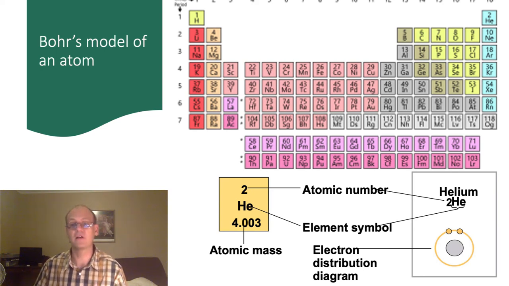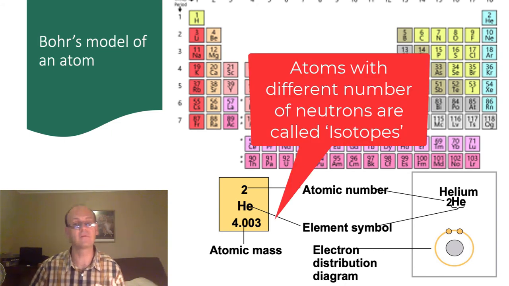The answer is that some naturally occurring atoms have 2 neutrons to give a mass of 4, but some rare helium atoms have an extra neutron, giving them a mass of 5. If you average out all of the helium atoms that occur naturally, the average atomic mass would be 4.003.